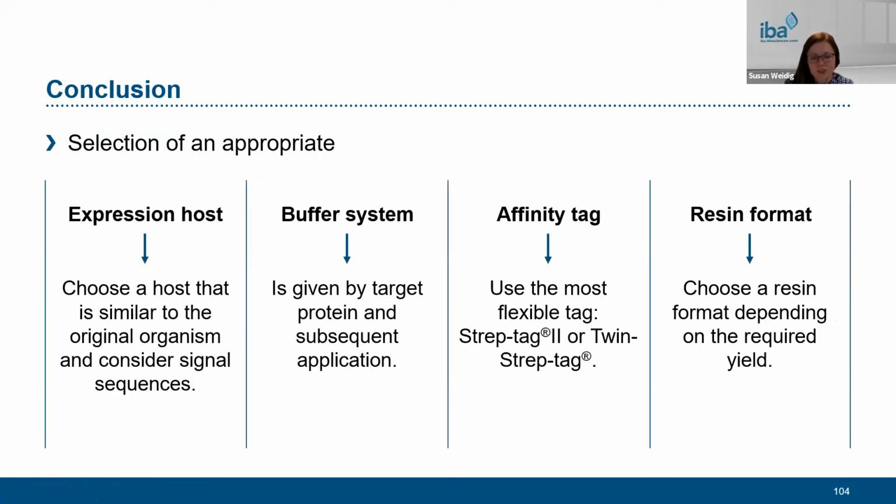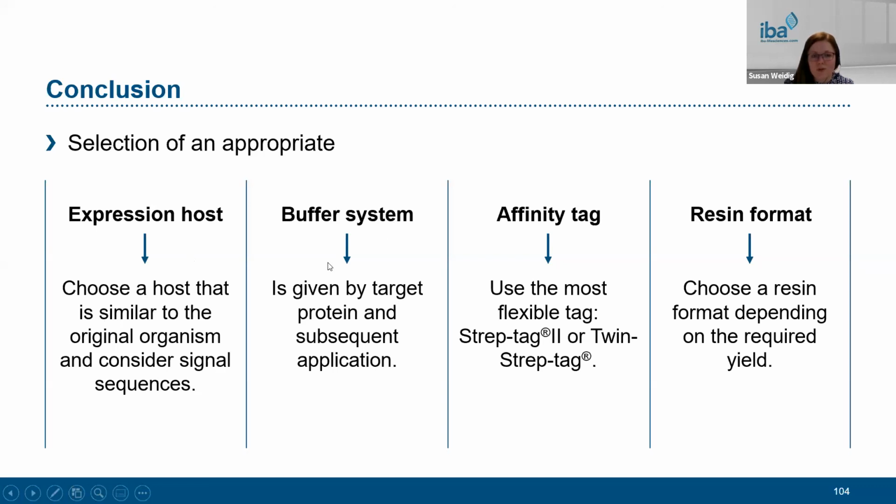And with this, I want to sum up or conclude. The first question was, which expression host should I choose? And the take-home message is choose a host that is similar to the original organism and consider signal sequences. The second question was, which buffer system should I choose?